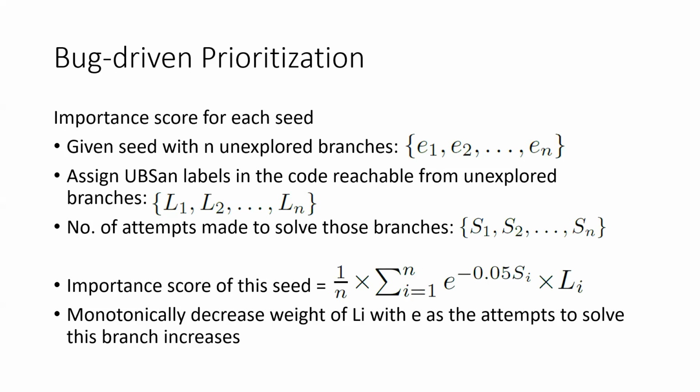Is that for relevant branches or the neighboring branch or the total branch? So consider the graph. There's a huge number of branches. So will all the uncovered branches of this seed be included, or just the neighboring branches? So neighboring branch is here. Suppose the execution of the seed is going in this direction.